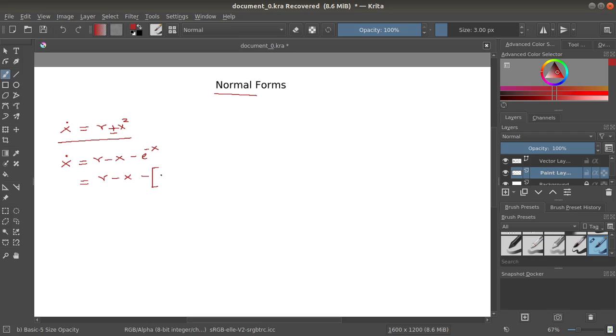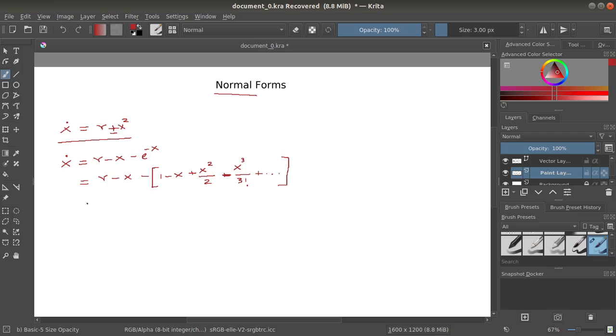So 1 minus x plus x square by 2, minus x cube by 3 factorial, plus dot dot dot. So this is what I will get.